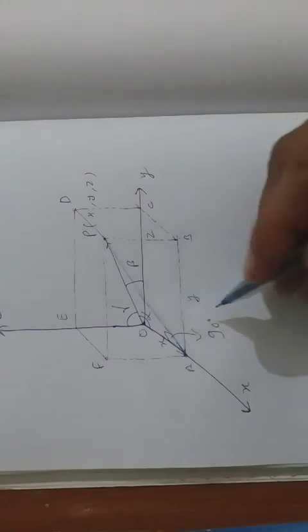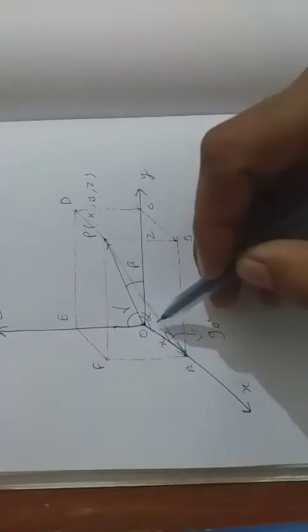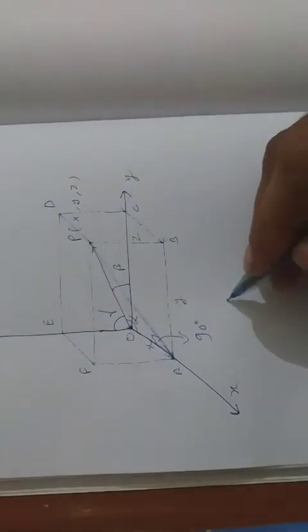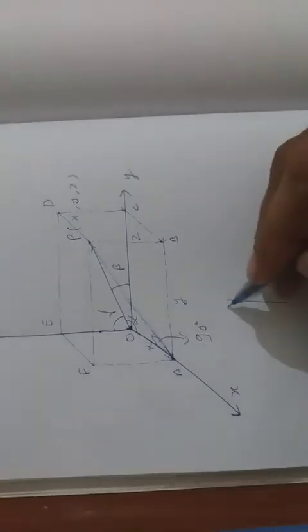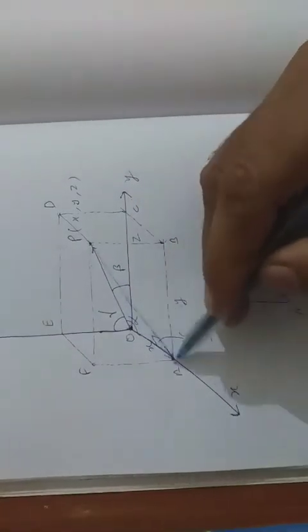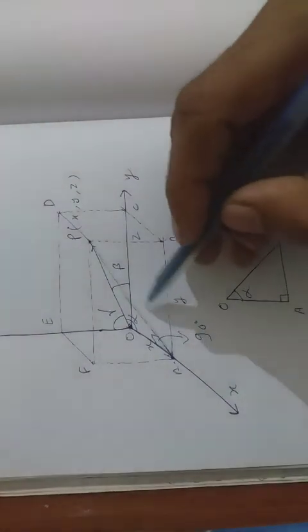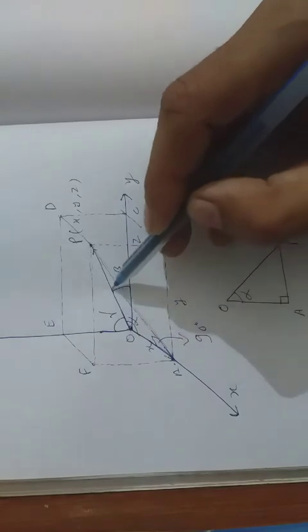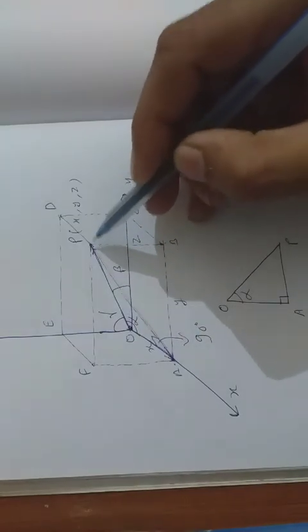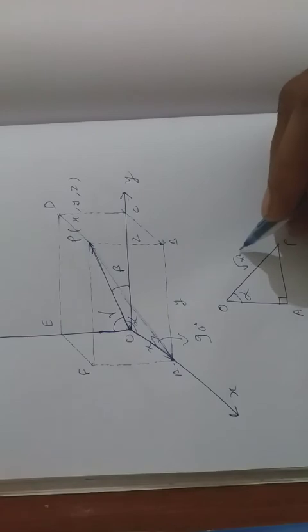We know that in triangle OAP, angle OAP is 90 degree. Angle POA is alpha, and this vector OP has length square root x square plus y square plus z square.